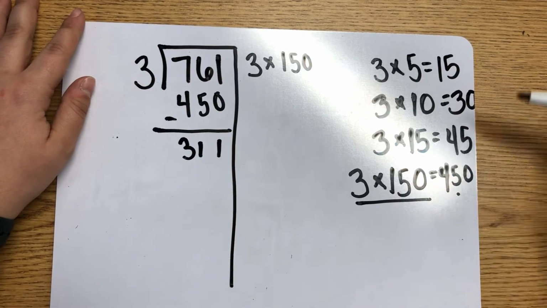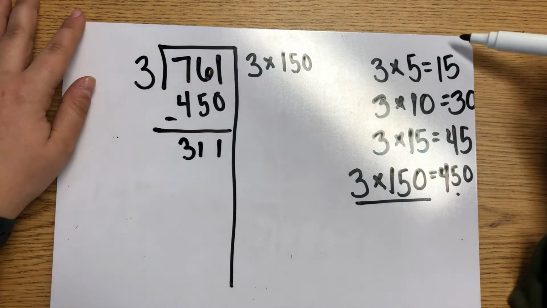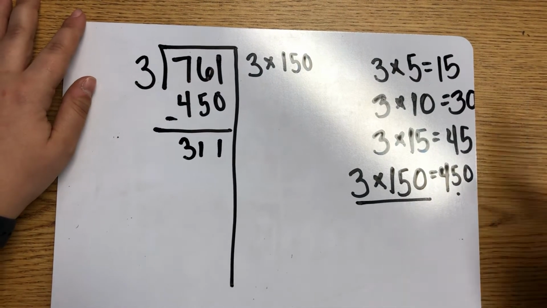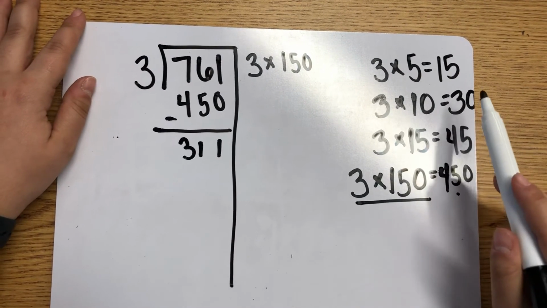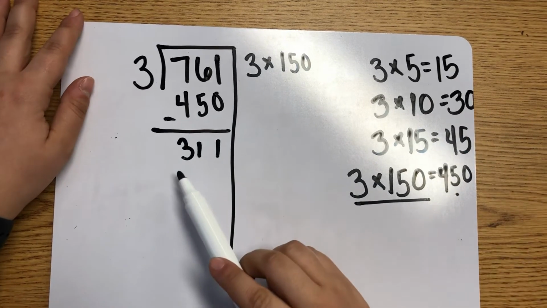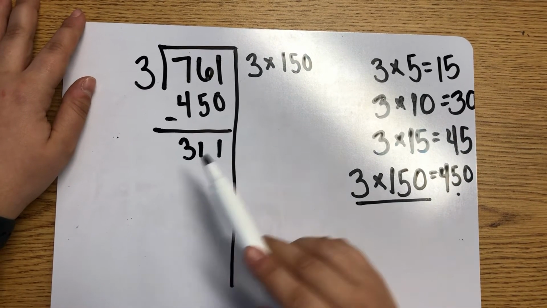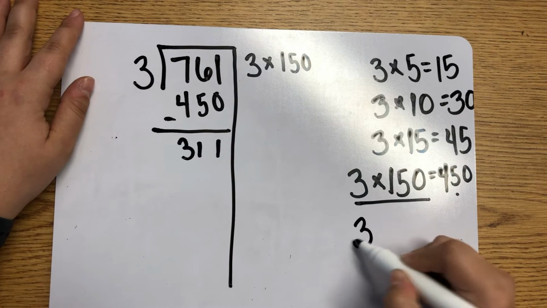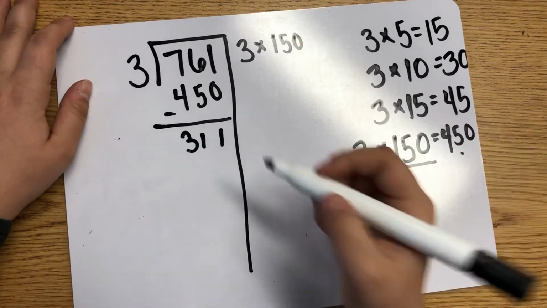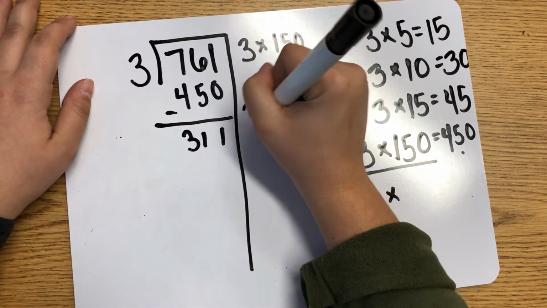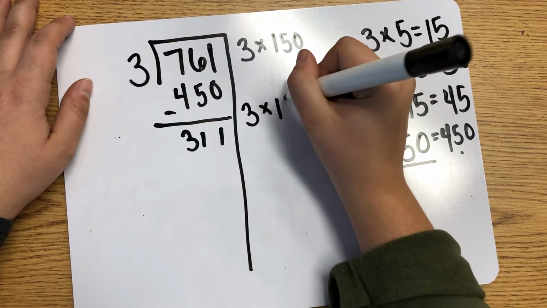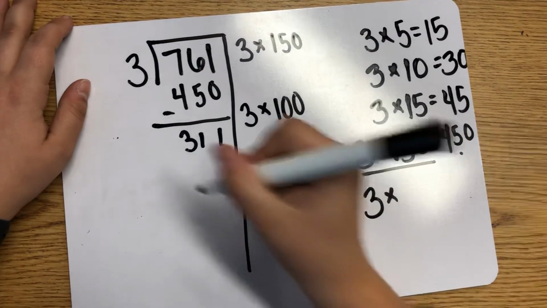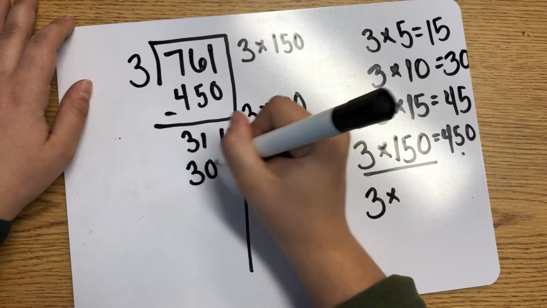If I can look over to my multiples and browse over them for a second. If I know that 3 times 10 is 30, and now I'm trying to get close to 311, then I know that 3 times, well actually I can even write it right here, 3 times 100 equals 300.